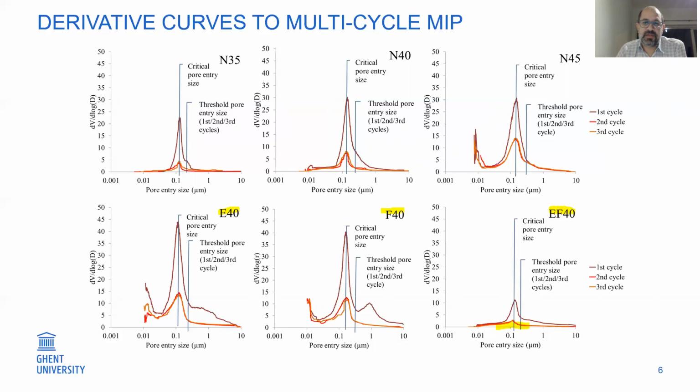However, the application of the cylindrical shape pore model shows some limitations regarding the profit we can have from the multi-cycle MIP, and alternative models such as the granular model might offer additional possibilities in this regard.